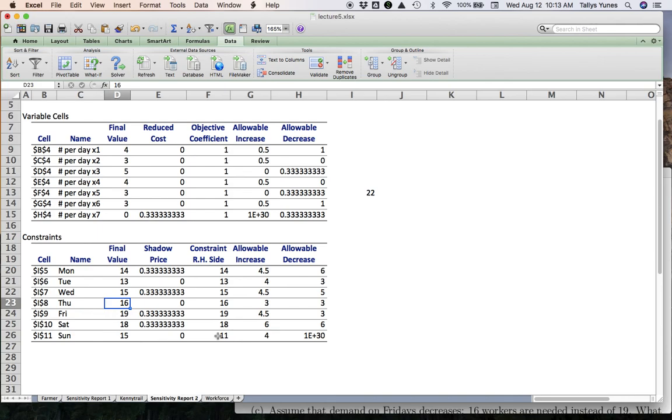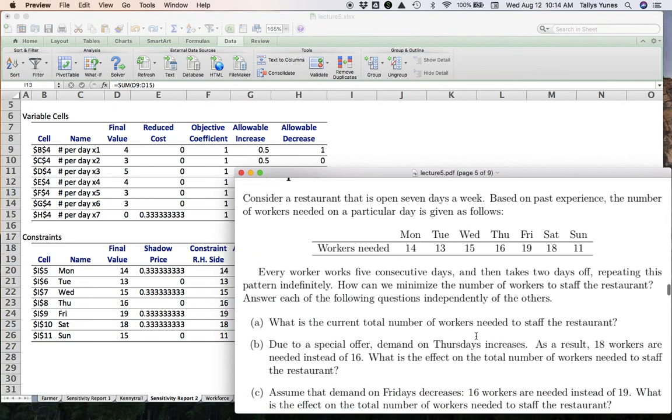This is not telling me how to do that reshuffle. For that, I would have to resolve. It's just telling me that if you need to raise this number by 2, you don't have to worry about hiring more people. You can make do with the 22 people that you have today. All right? Great.